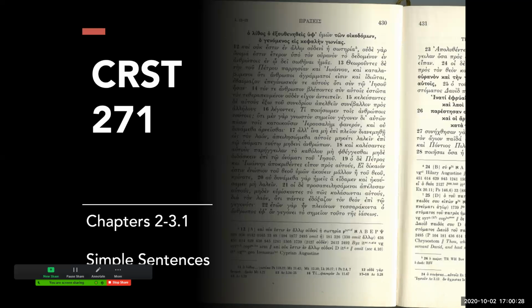The reason being that for those of you who are having trouble with the grammatical concepts here, probably your knowledge of English grammar is weak.